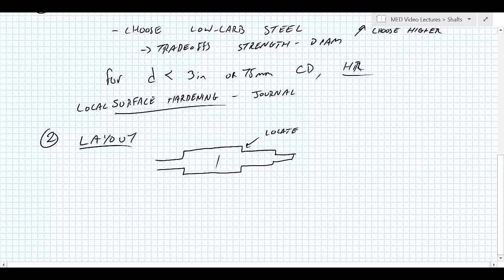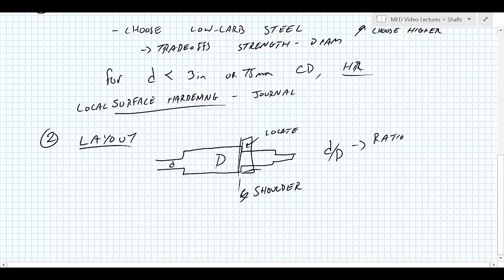So we may put a gear or a pulley here, and every time the manufacturer takes off or puts that gear or pulley back on, it always ends up in exactly the same place because of this shoulder. So the difference between, say, these D's, little diameters and big diameters, that's a ratio that is defined by what we're putting there.